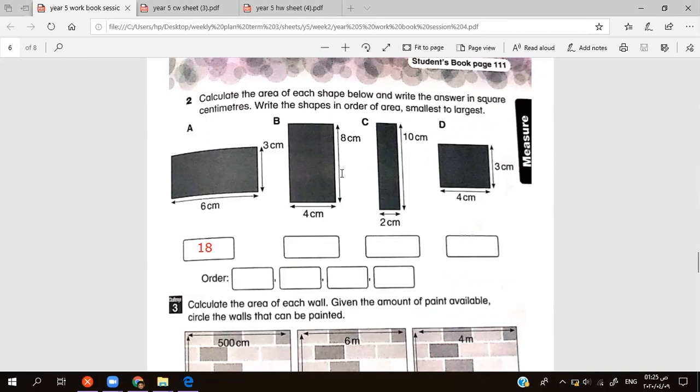And then 8 by 4 is gonna give me 32. Here, very easy: 2 by 10, 20. It's very easy, all these. 4 times 3, 12. He wants me to order them from the smallest. So definitely 12, and then 18, and then 20, and then 32. Okay, this is very easy.